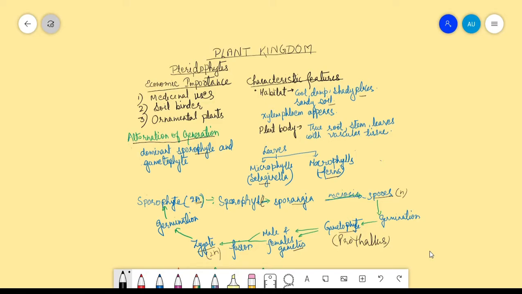In this way the alternation of generation takes place, and we can see here sporophyte as well as gametophyte both are independent structures, both will perform photosynthesis and both are multicellular, although sporophyte is dominant over gametophyte. This type of alternation of generation takes place in Pteridophyta, and this is known as haplodiplontic type of alternation of generation.